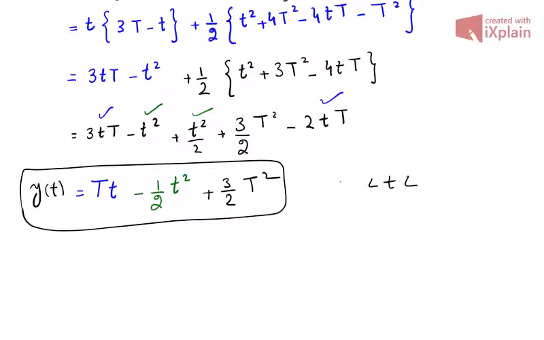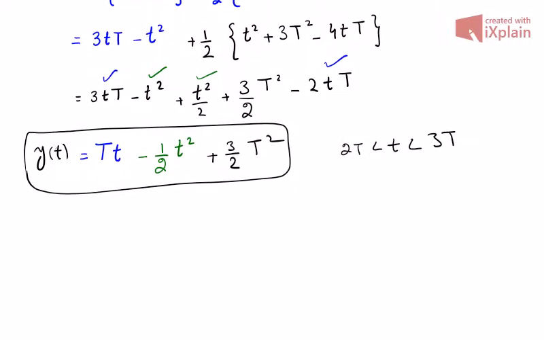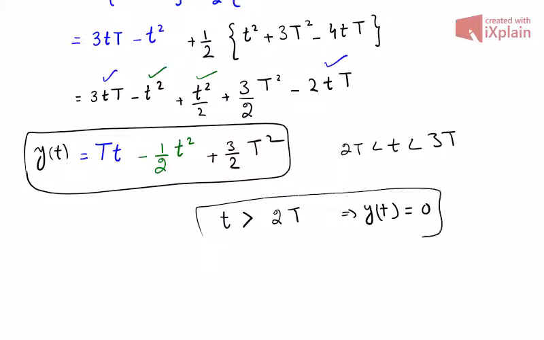Greater than 2T, but less than 3 times capital T. So this is the range, and if we observe the same function for t greater than 2T, again there would be no overlap, and our y of t becomes 0 for t greater than 3T, actually for t greater than 3T, not 2T. Just keep this in mind.